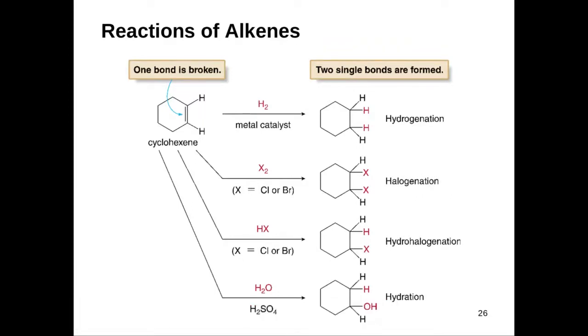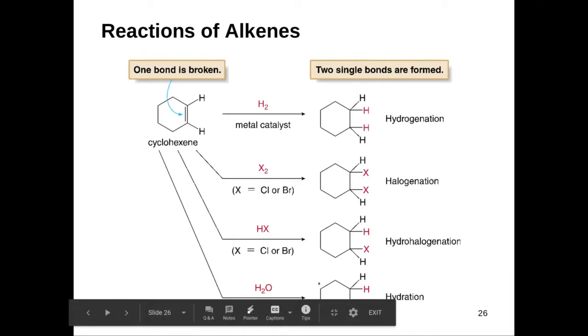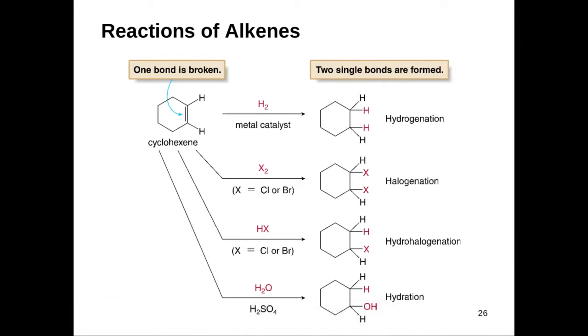And then we can react it with water in the presence of sulfuric acid, so H2SO4, adding both a hydrogen and a hydroxyl group to our ring, thus calling it a hydration reaction. Now, why is it called a hydration reaction? Well, we're adding HOH, and that's just water. So we're adding a full water molecule to our hexene ring, which I think is cool, right?